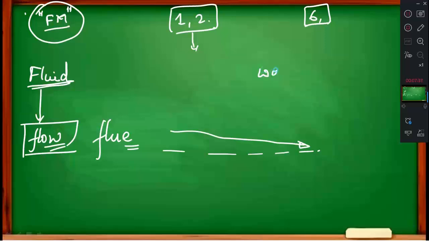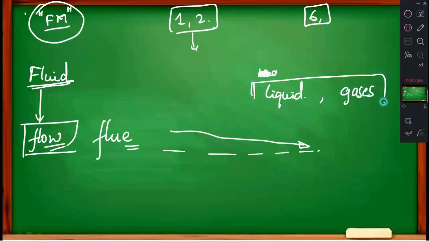The one is liquids. Liquids are continuously flowable, and gases. These two are continuously flowable, meaning that under a small application of forces, they continuously stay in motion, and then they are called liquids or gases.